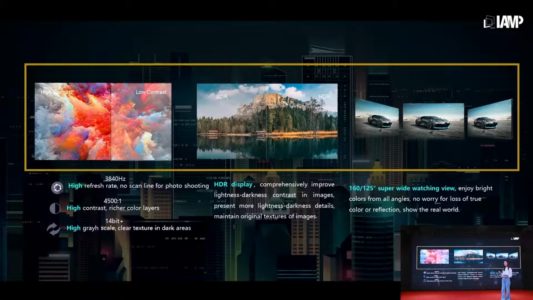It is very easy and there are no scan lines when you're recording the screen. And it's high contrast, delivers richer color layers, and makes the picture vivid and the video more attractive to your clients. And the third is the 14 bits. It's high grayscale and clear texture in darkness.